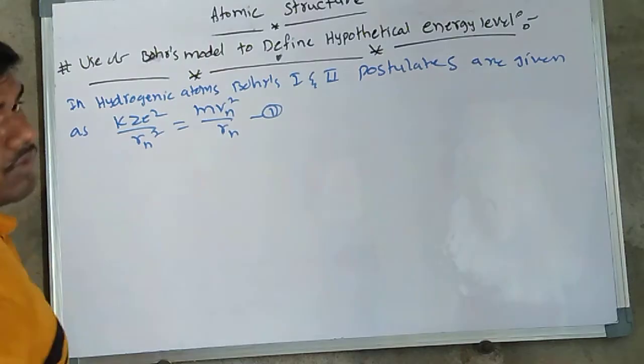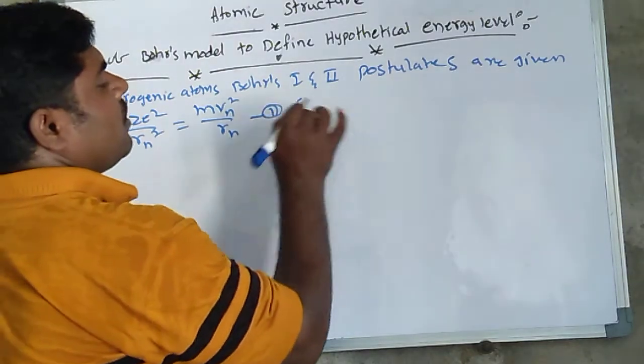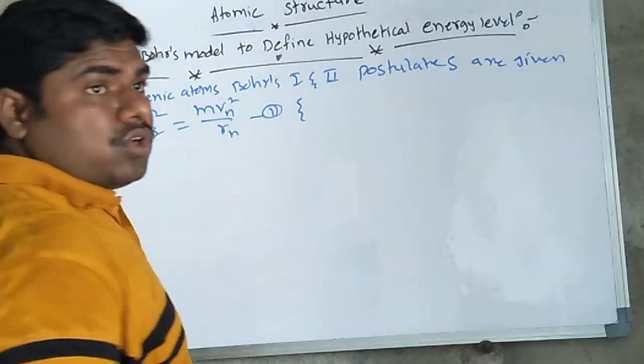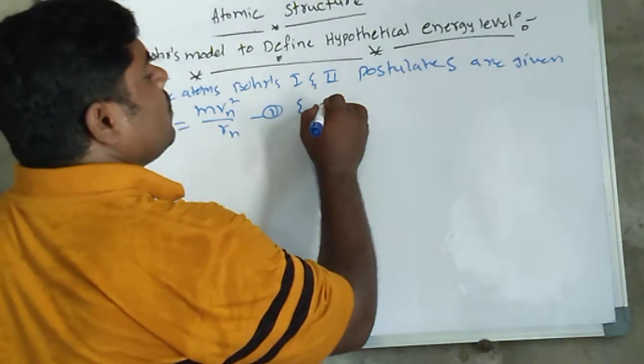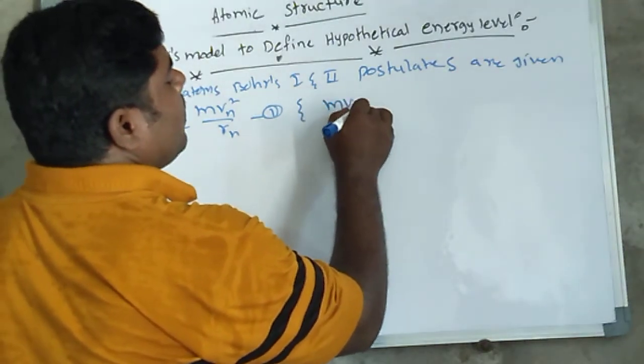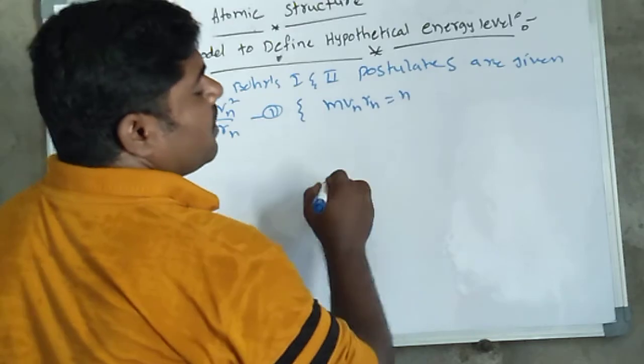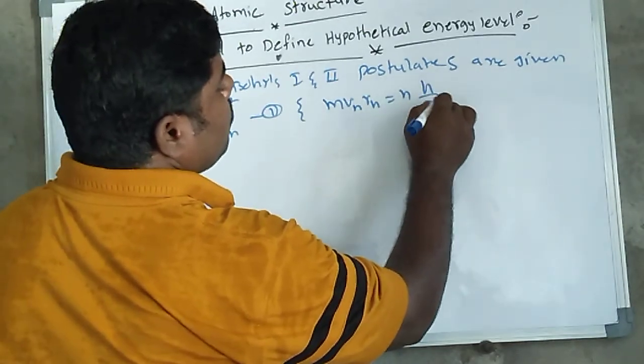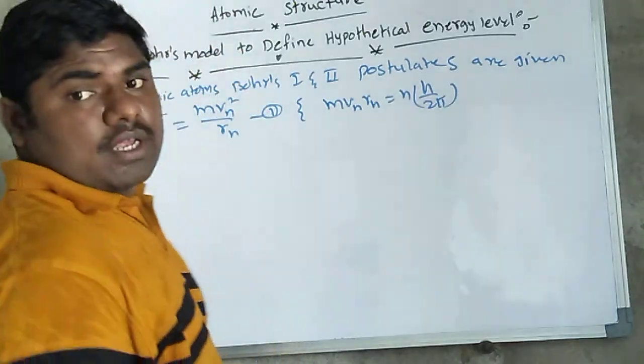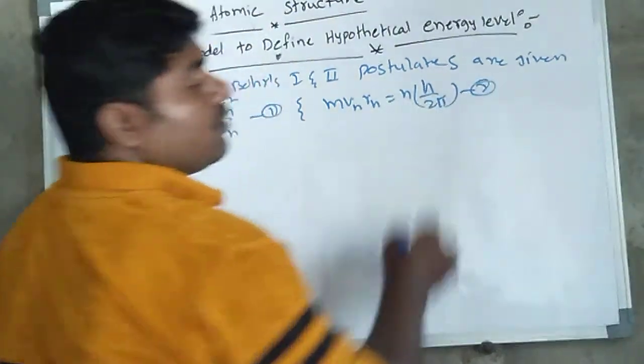This is the first equation. And in the second one, angular momentum is conserved, so m vn Rn should be equal to a number n into h by 2 pi, quantized. This is equation number 2.